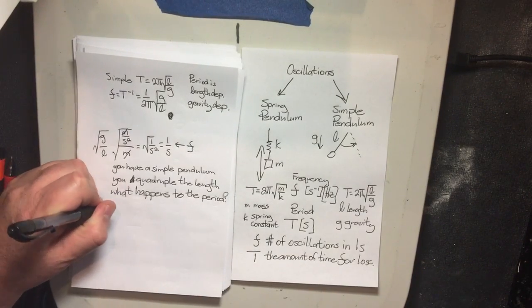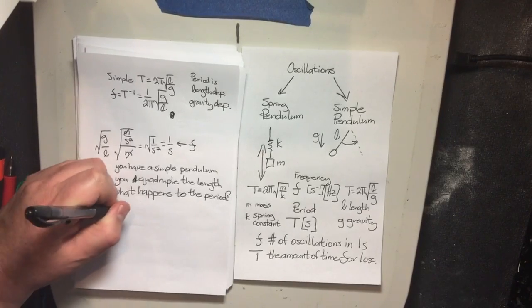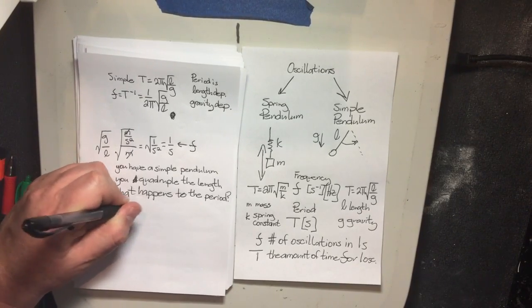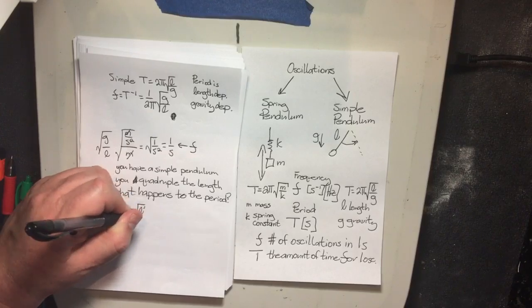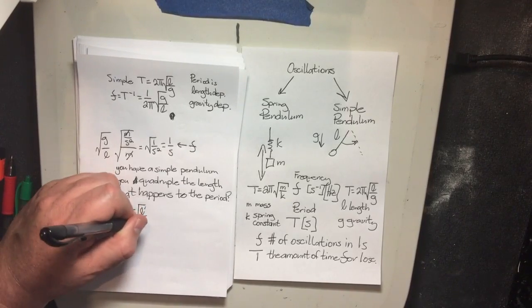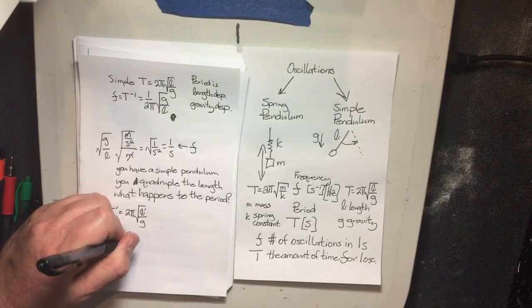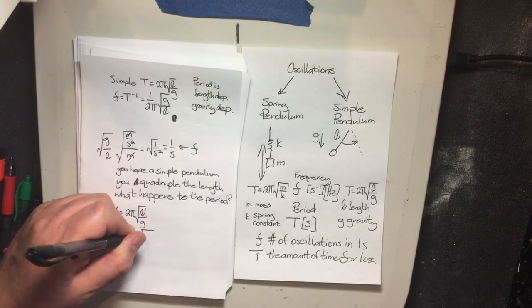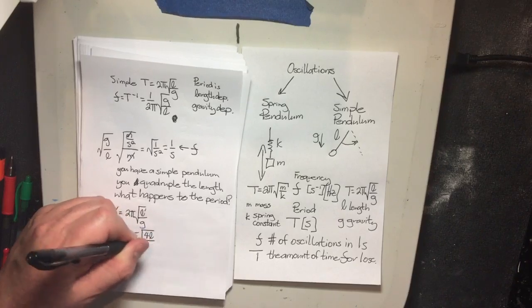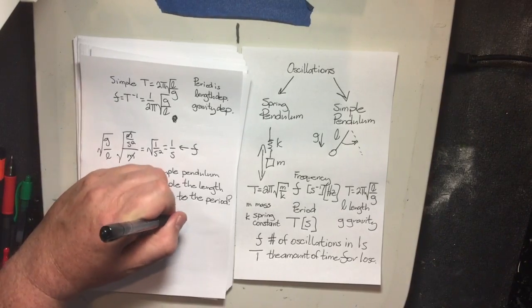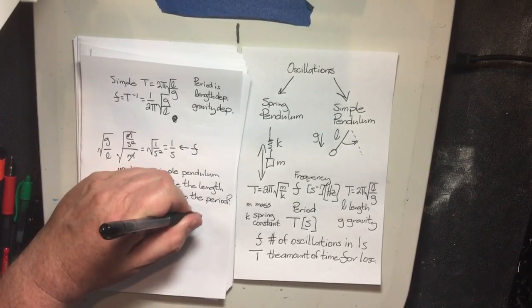T prime, the new period, is 2 pi square root of L prime over g. This is 2 pi square root of 4L over g, since L prime is equal to 4L.